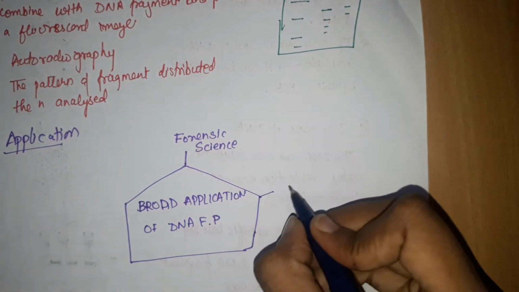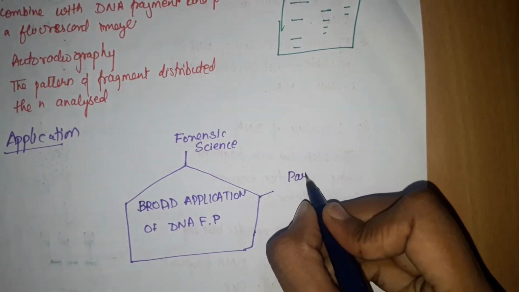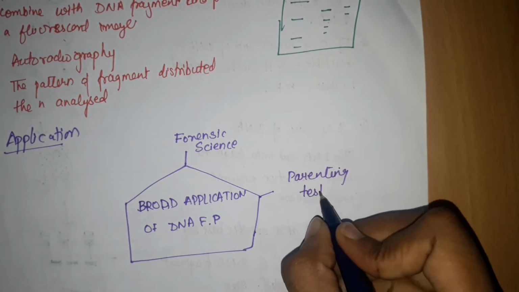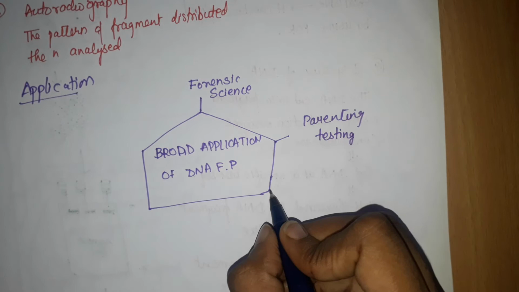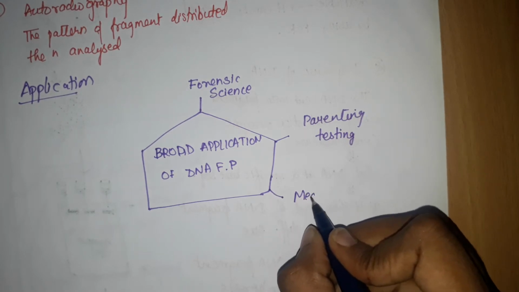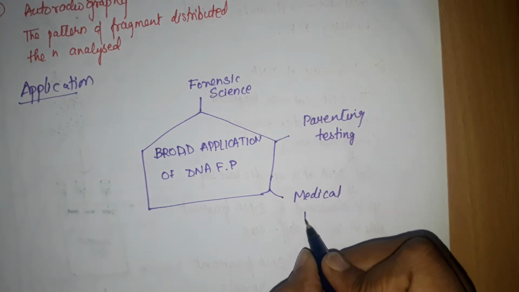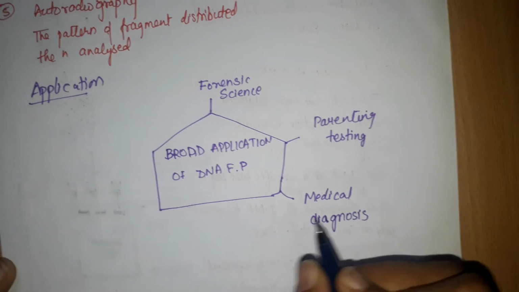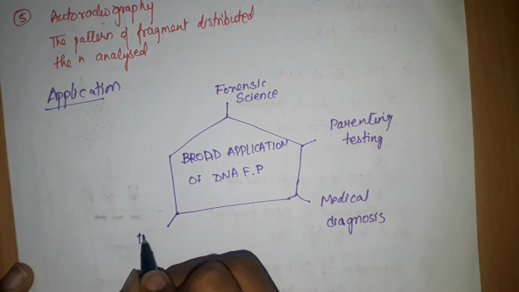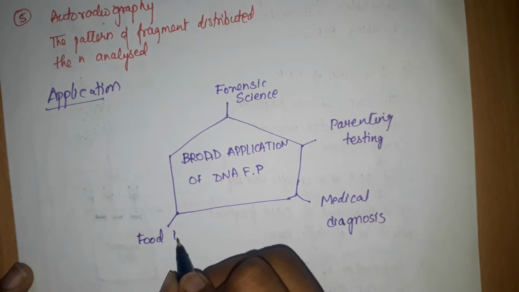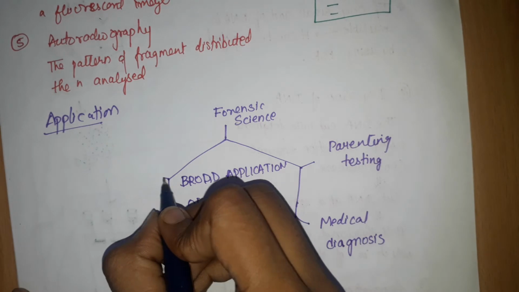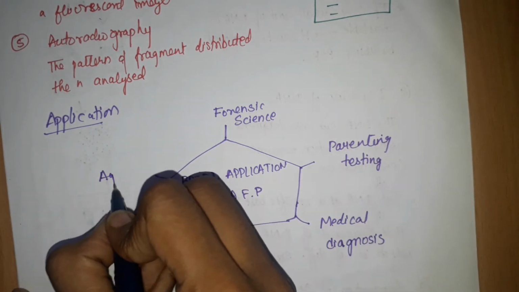The second one is in paternity testing. The third one is in medical diagnosis. The fourth one is in the food industry. And the fifth one is in agriculture.